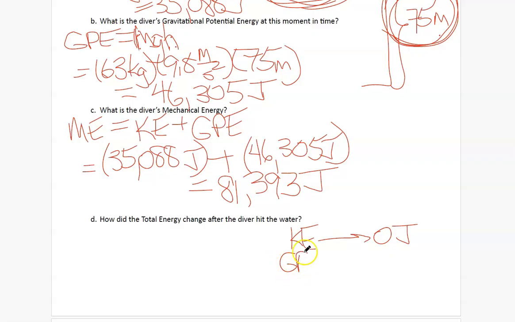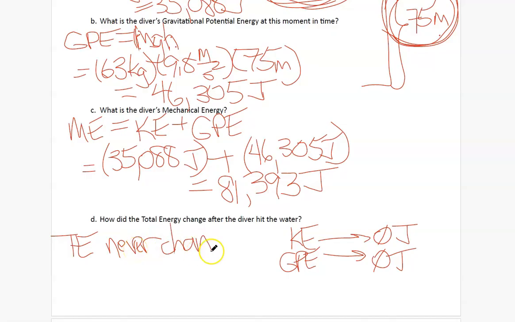And the gravitational potential energy also went to 0 joules because the diver got to ground level, or in this case, ocean level. So those both went to 0, but the total energy never changes as long as you count everything. Remember, total energy is conserved. It's just converted into other forms.